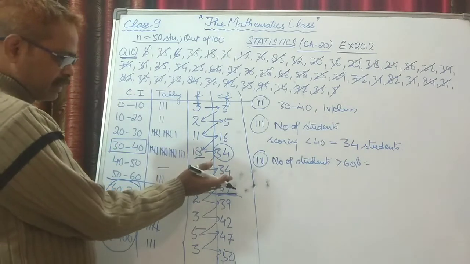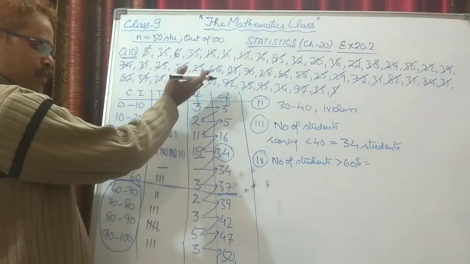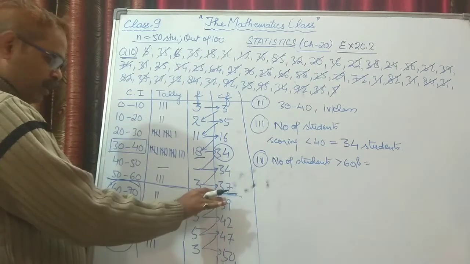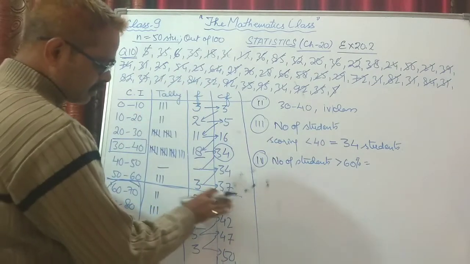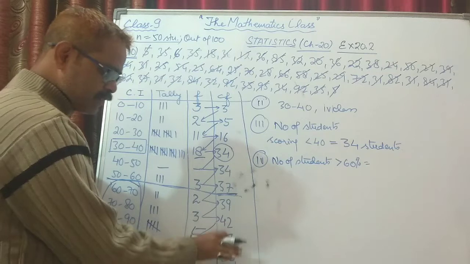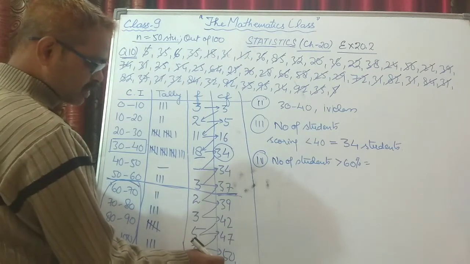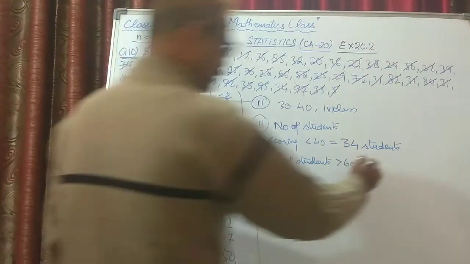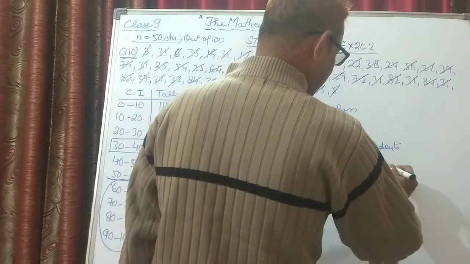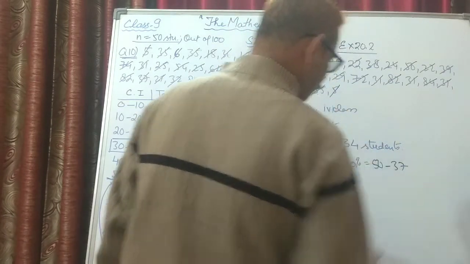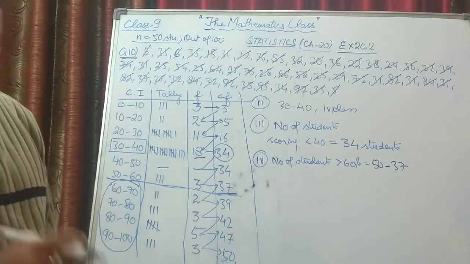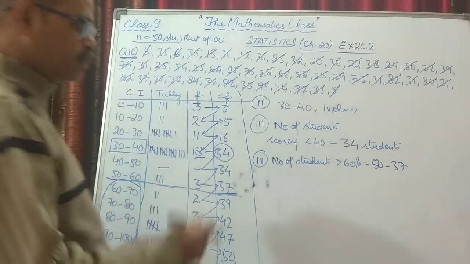All the students who are there have achieved less than 60% marks, and below this 50 to 60 class interval, the students have achieved more than 60%. So total is 50 minus 37. 37 is the number of those students who have scored less than 60%.